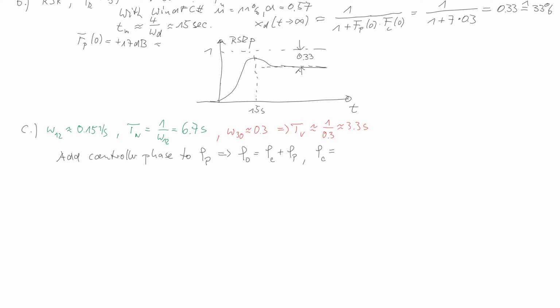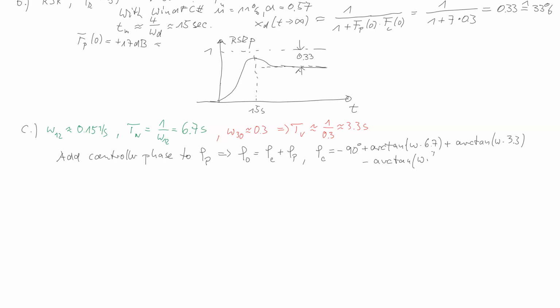The phase of a PIDT1 controller is negative 90 degrees plus arc tangent omega times Tn, where Tn is 6.7 without units, plus arc tangent omega times 3.3, minus arc tangent omega times TV divided by the step depth.